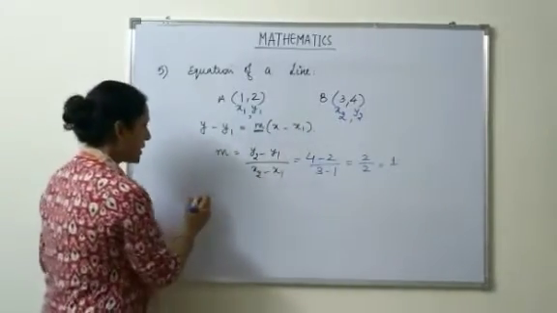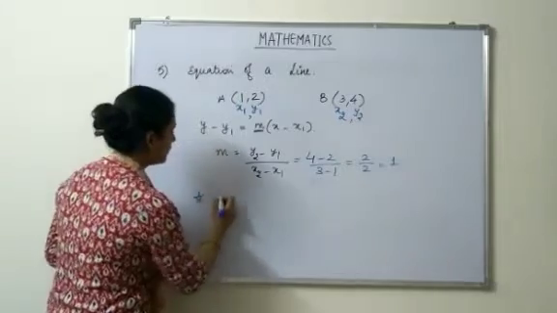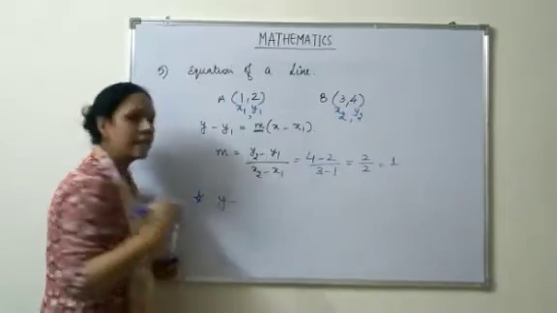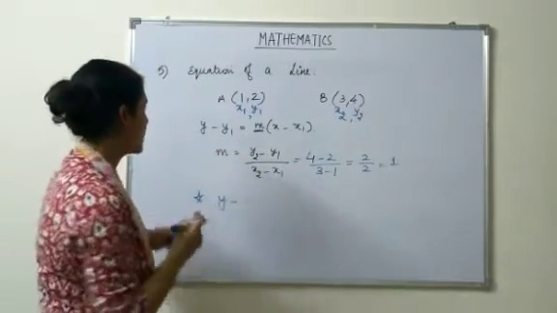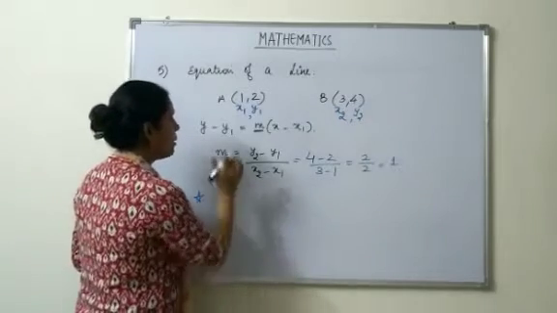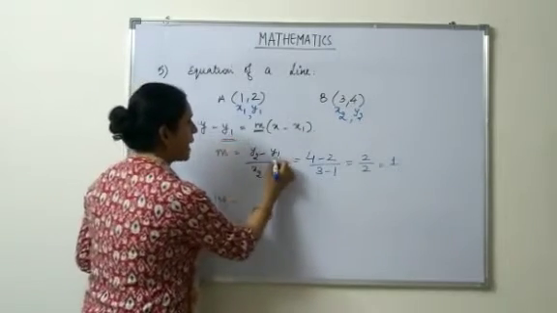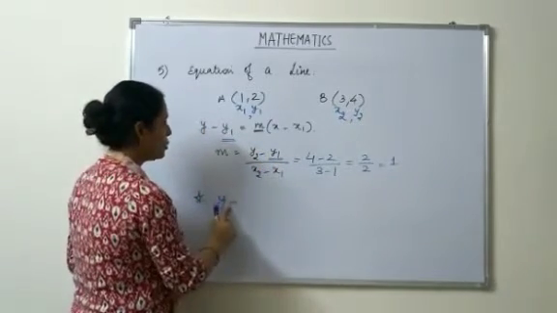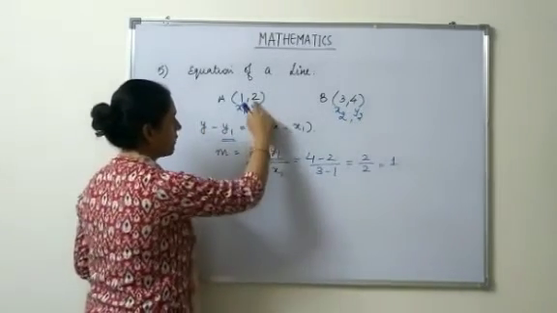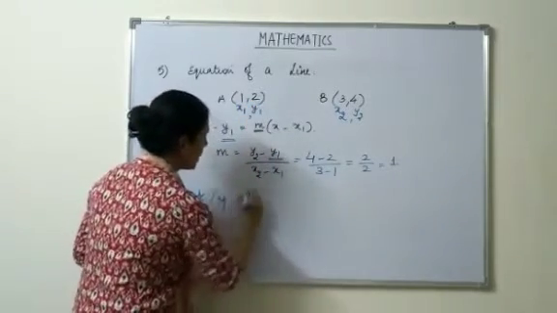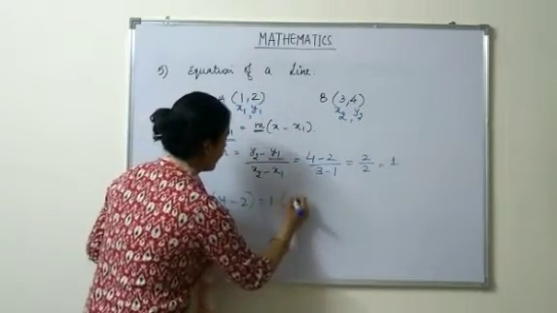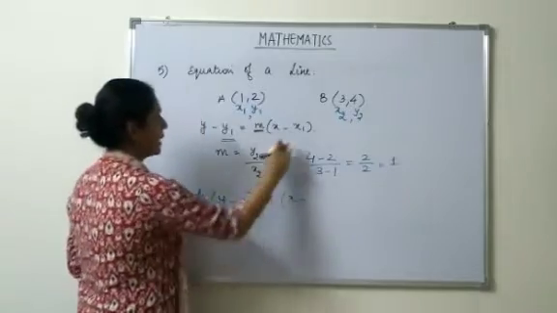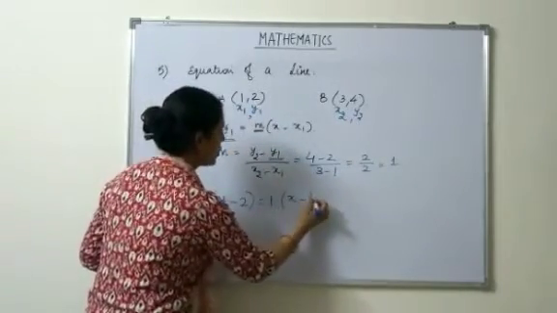Now, the mistake that is made by the students is that they interchange the points in y minus y1. The y1 and x1 should be the same as used here. So you have to write y minus y1, meaning y minus 2, is equal to m times x minus x1, and x1 has to be 1.